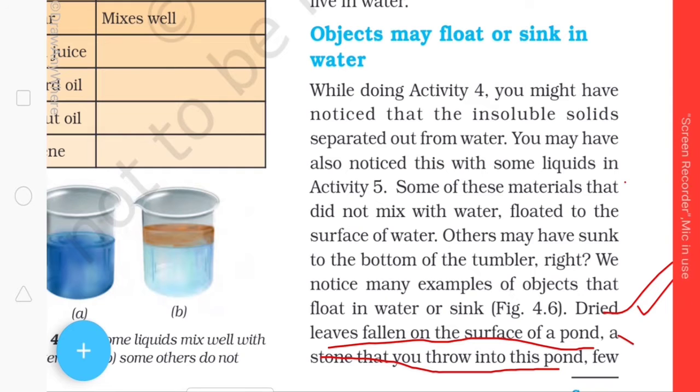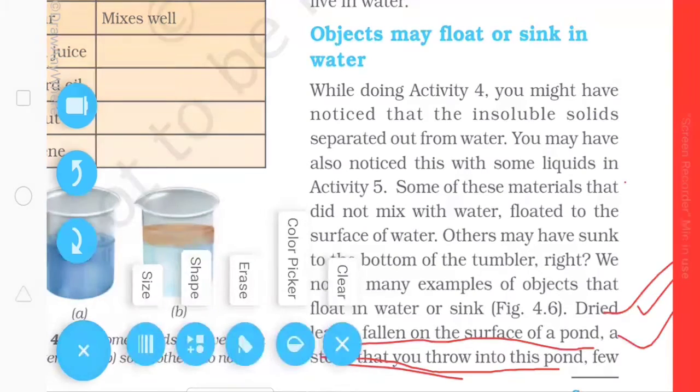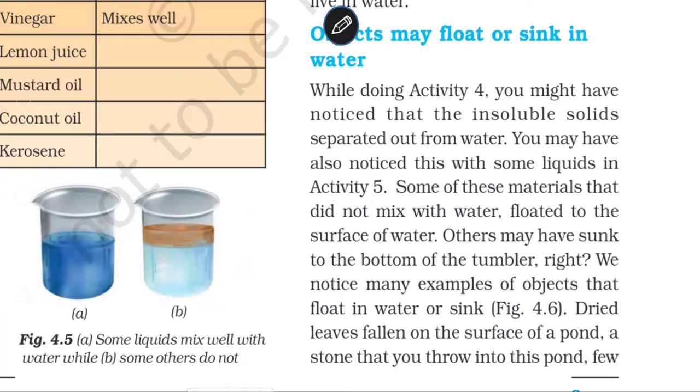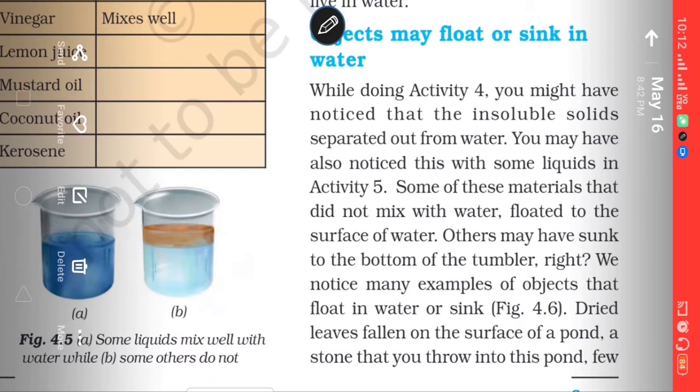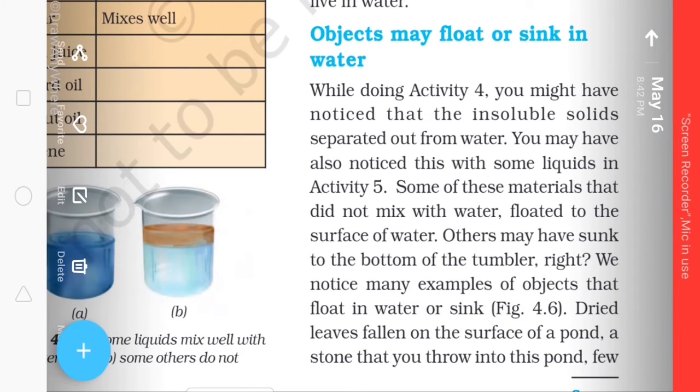But if you throw a stone on the pond, will the stone float? Will you still be able to see the stone on top of the water? No. So the stone will sink. It will go below the water, to the bottom. So this is an example.